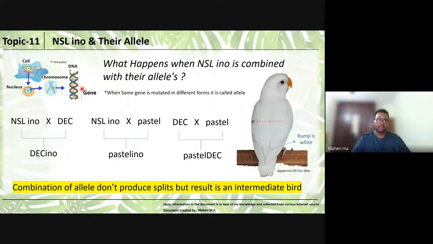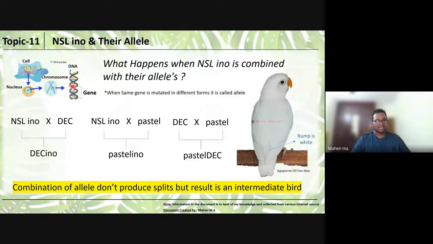Whenever there is a change in the same gene resulting in different mutations, for example, if you consider ABCD, next time it will be aligned as BCAD, and next time some other combination.